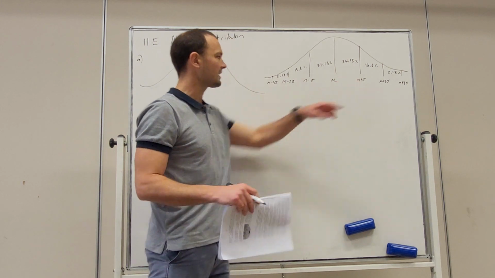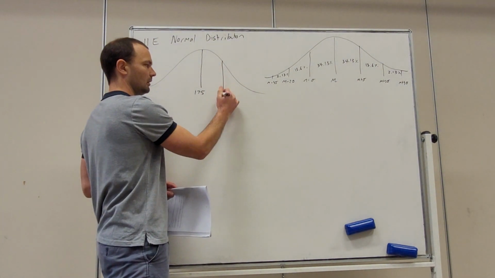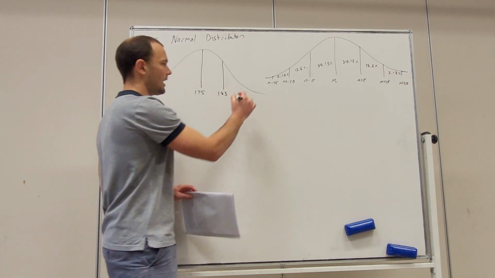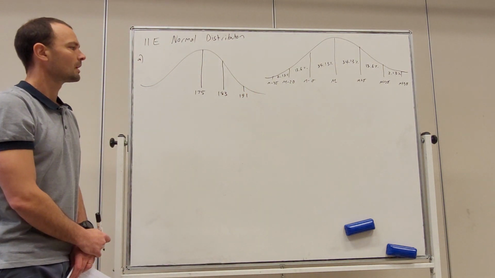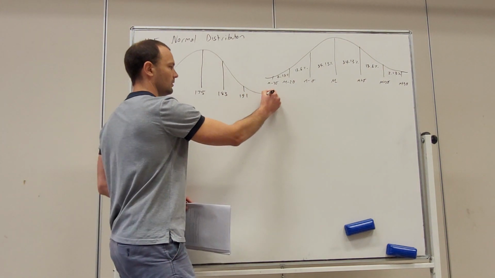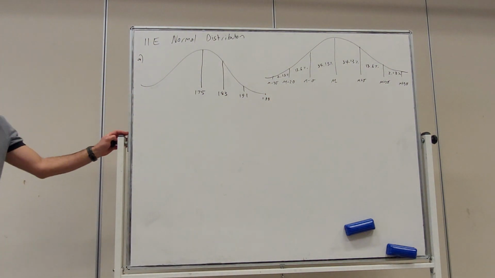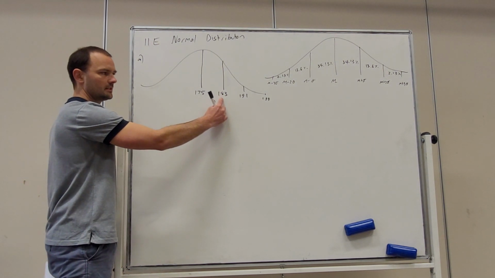So my next line here is going to be 8 centimetres further along. That's going to be 183. Then another 8 centimetres along, 191. And then another 8 centimetres along, 199. That's the mean plus 1 standard deviation.